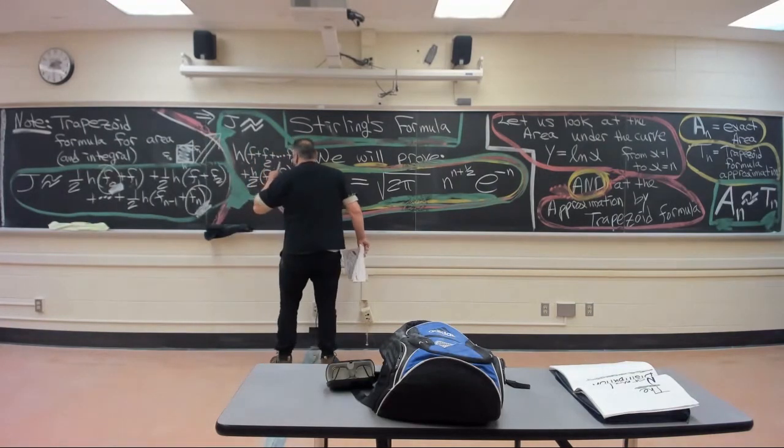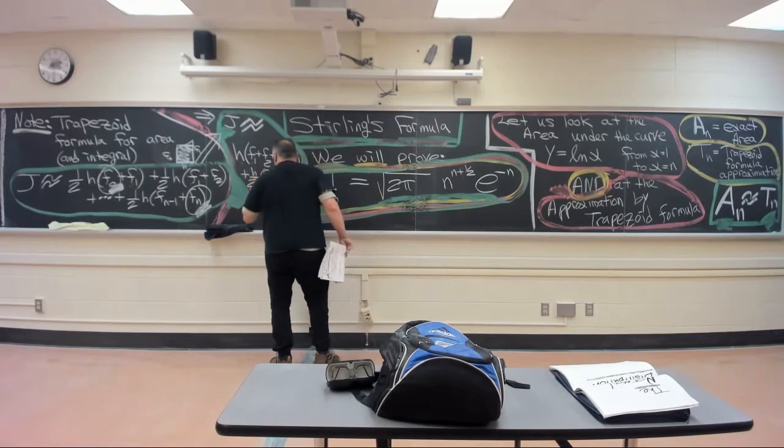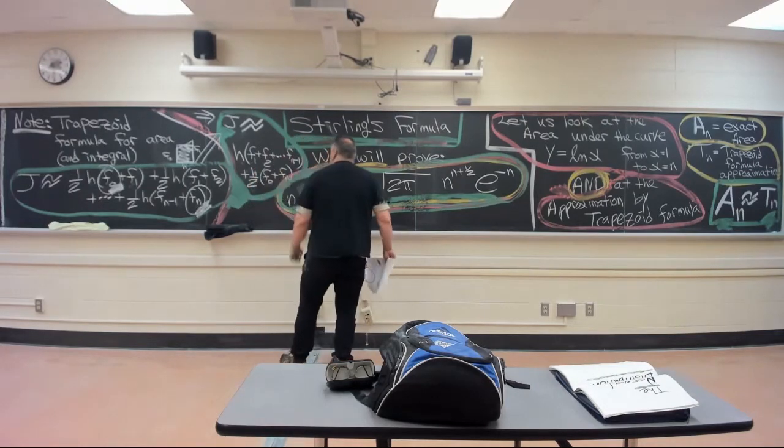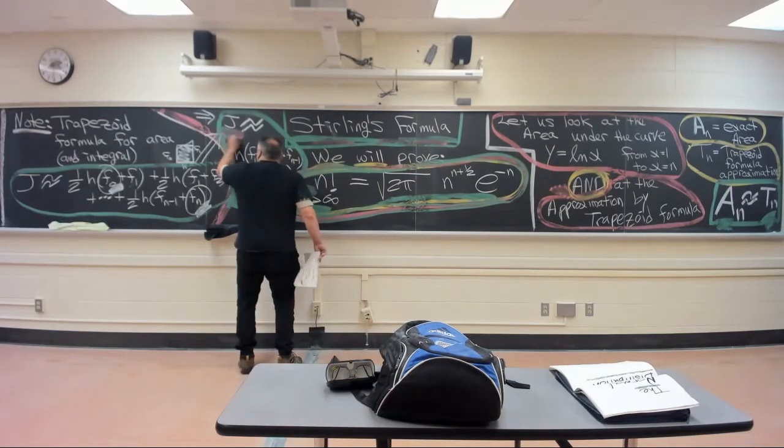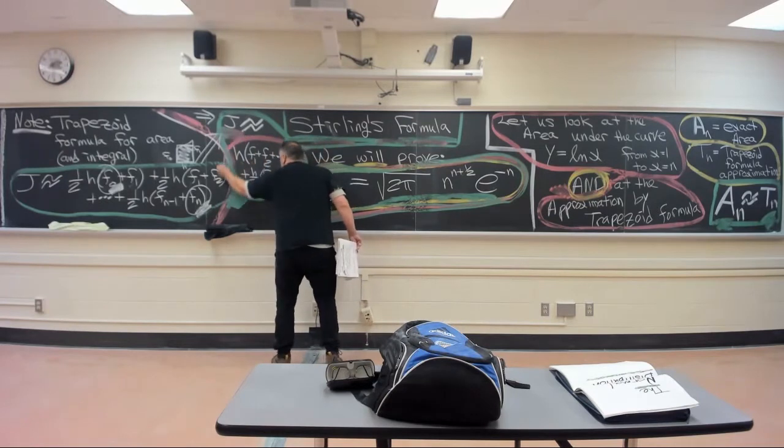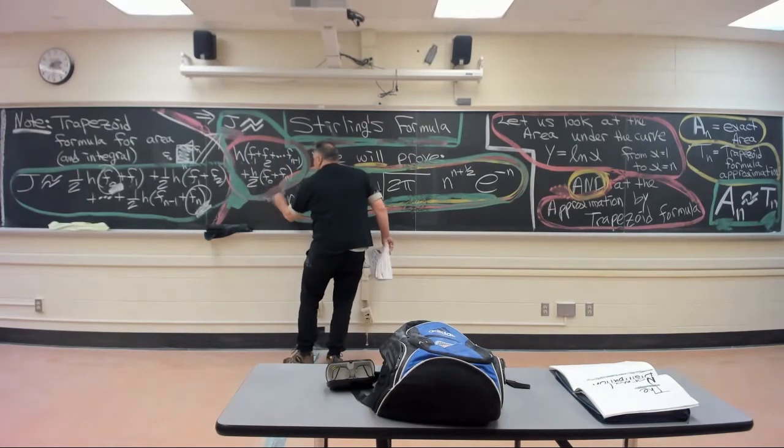Not the F0 though. 1/2 h F0 plus 1/2 h Fn. Added together, that's h over 2 times the sum F0 plus Fn. So that's where you're getting this. And that's J. They call it J, just the approximation of that integral. All right, we'll keep that in mind.